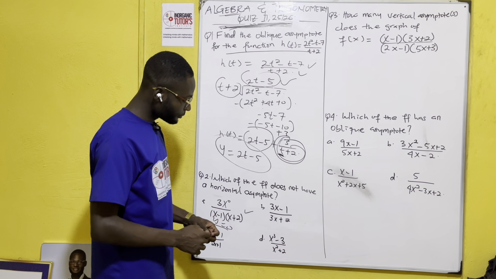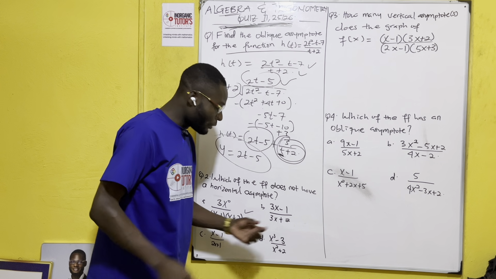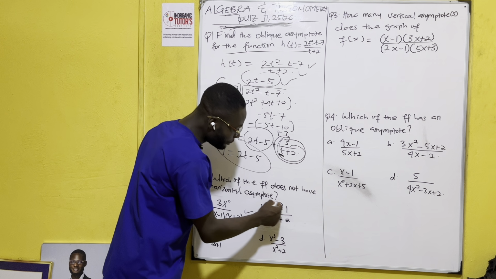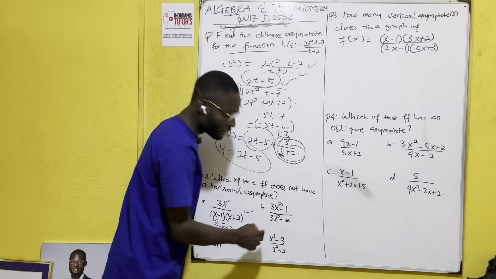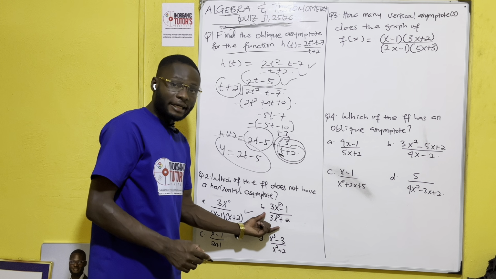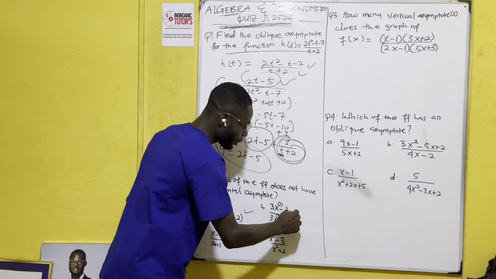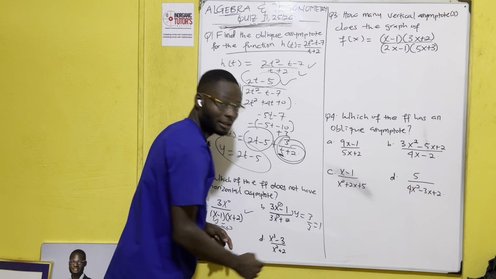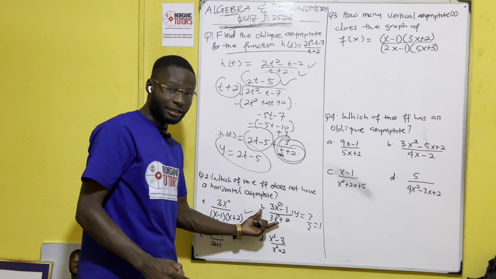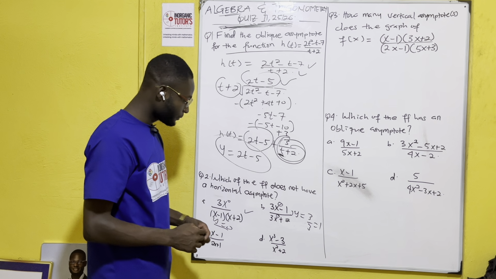horizontal asymptote. B, realize that the degree of the numerator here is 1 and the degree of the denominator here is also 1. So the horizontal asymptote is y equals 3 over 3, and that is 1, right? So this satisfies the condition for horizontal asymptote.